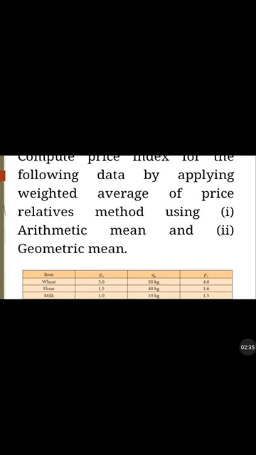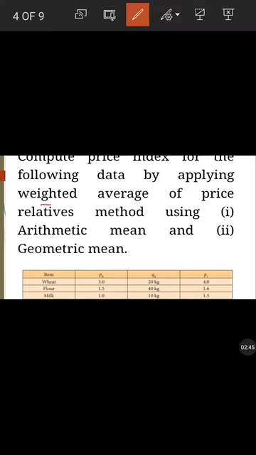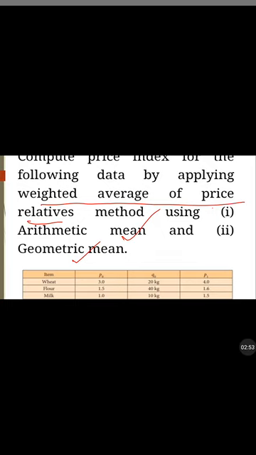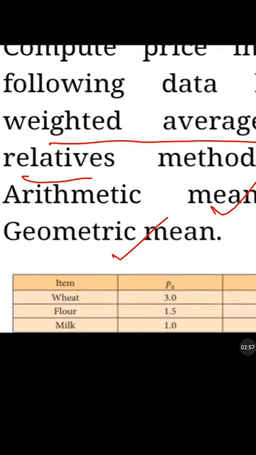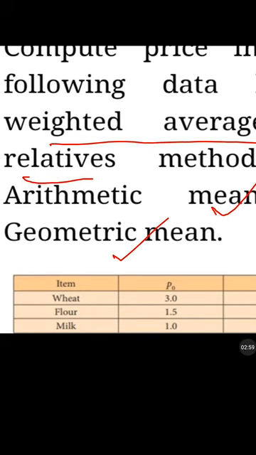Here I have given you a question. The question is: compute the price index for the following data by applying the weighted average of price relative. Always remember that for weighted average we use arithmetic mean and geometric mean. I have given you items, and under items we have wheat, flour and milk.